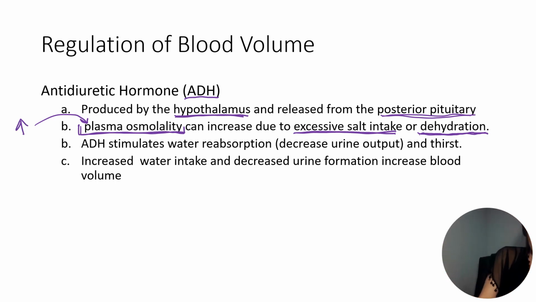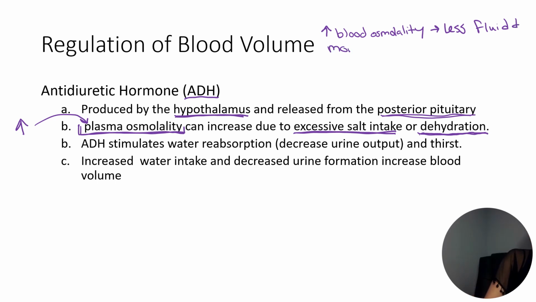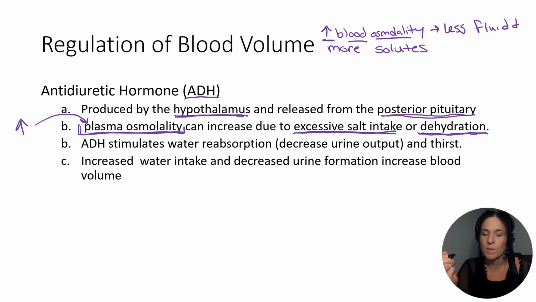So what does that mean? If we have increased osmolality, this means that we have less fluid and more solutes. So this can be a stimulus to release antidiuretic hormone.